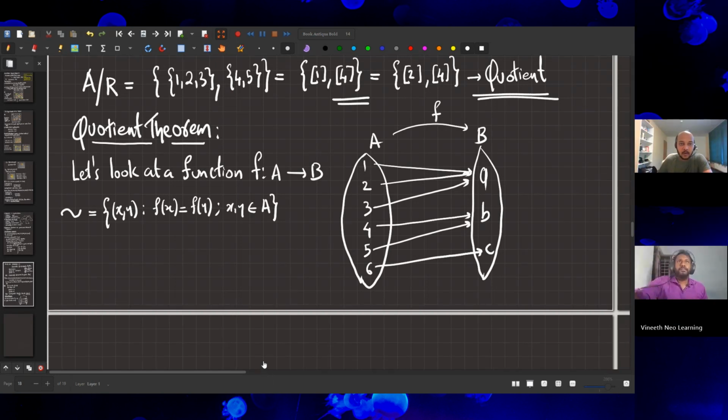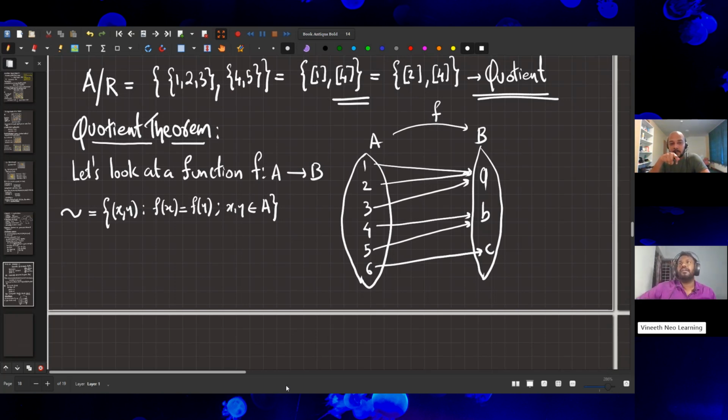Then you will have (1, 2) and (2, 1), then (1, 3) and (3, 1), then (4, 5) and (5, 4). That's it. Yes, it's an equivalence relation.